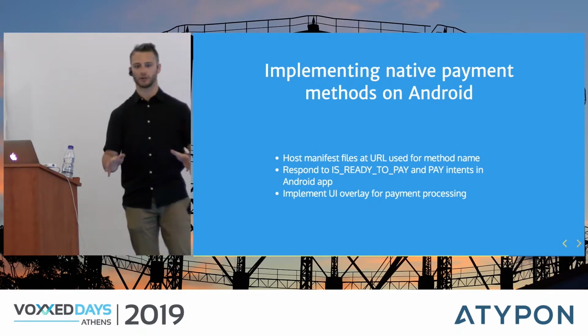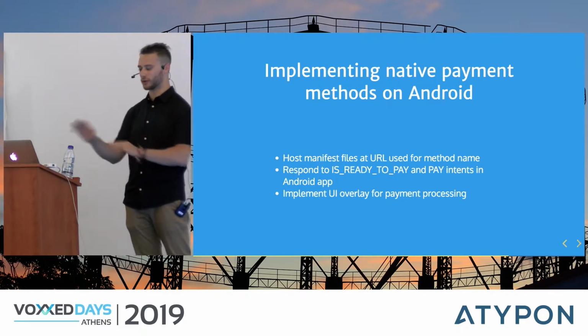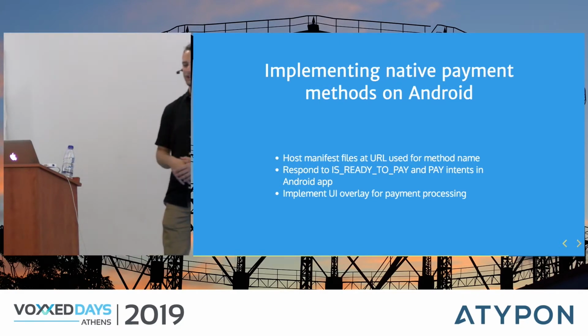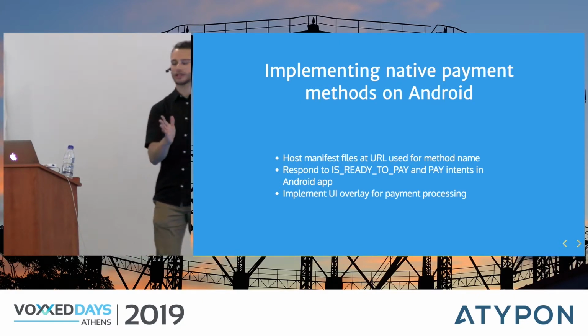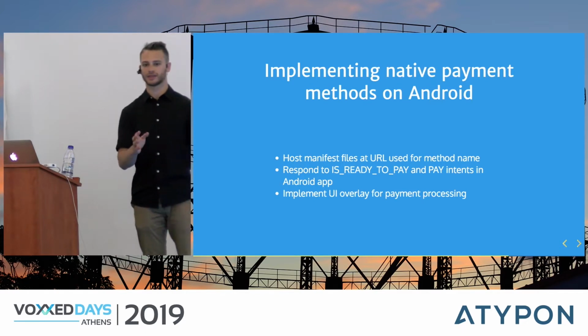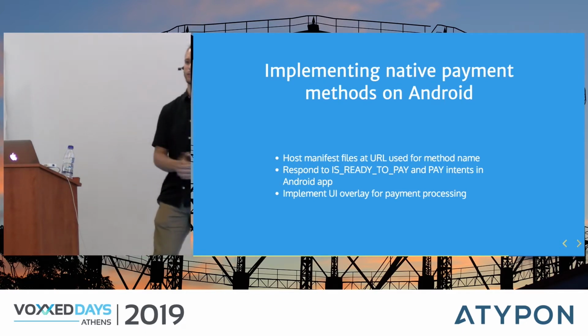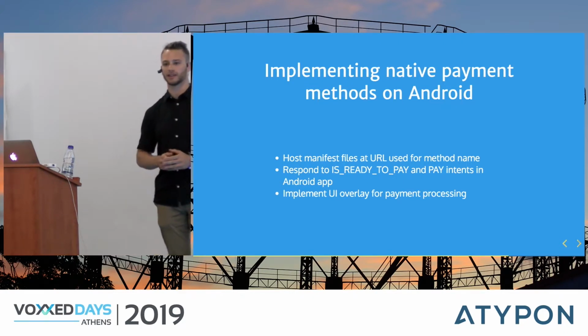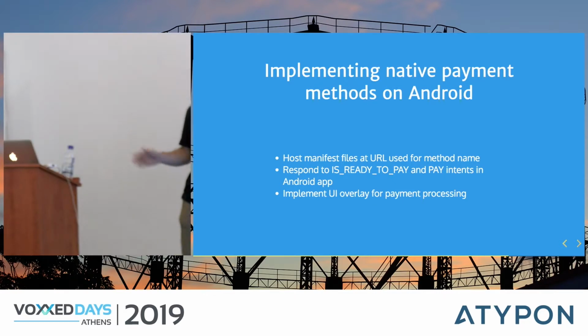I'm not an Android developer, so I don't totally understand the way this implementation works, but basically, we're using this URL-based system. So if I want to make a payment method called David Pay, I say that the URL to use this payment method is davidpay.com/pay.